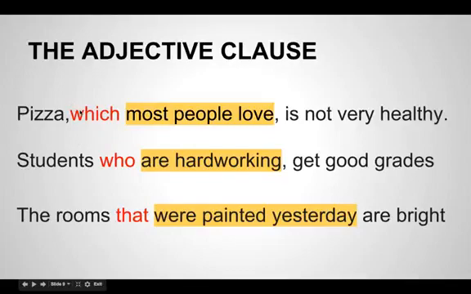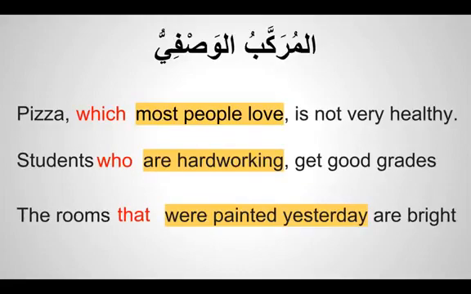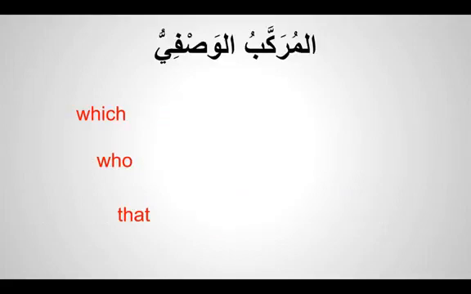So what do we call it in Arabic? In Arabic it's called murakkab wasfi, a combination. Wasfi means sifa, a descriptive combination. So how do we recognize it in Arabic? We said that an adjective clause has a subject: which, who, that.